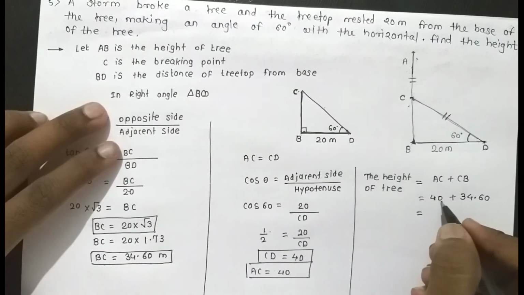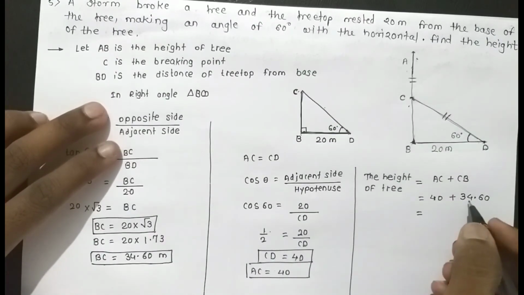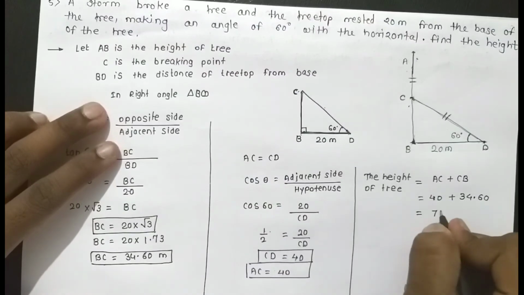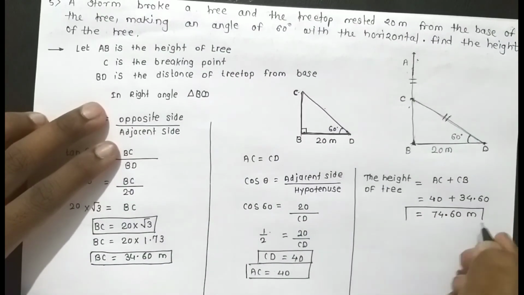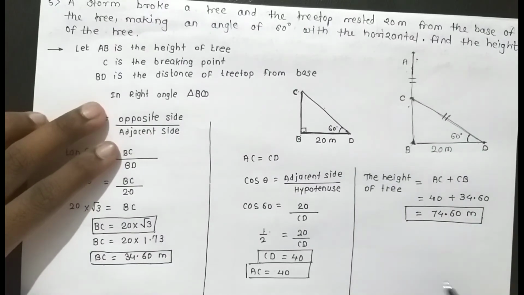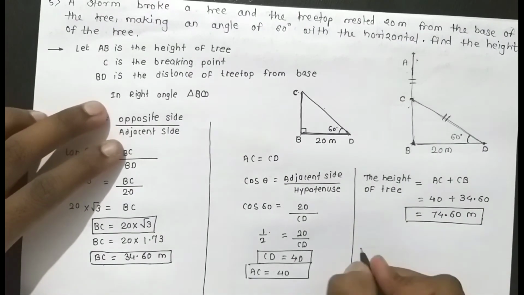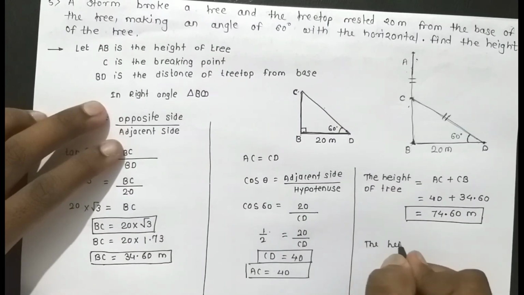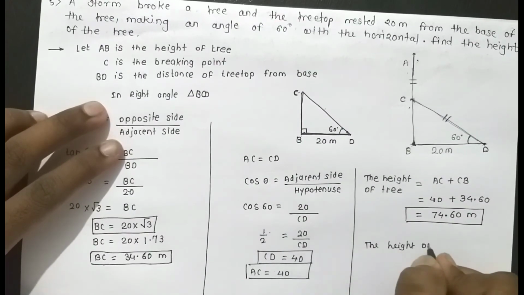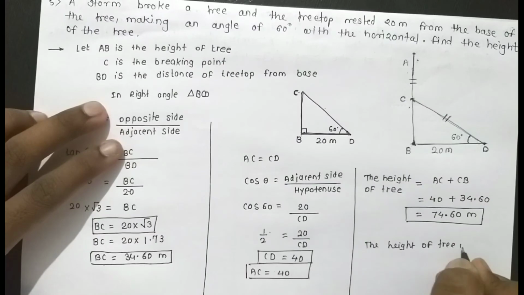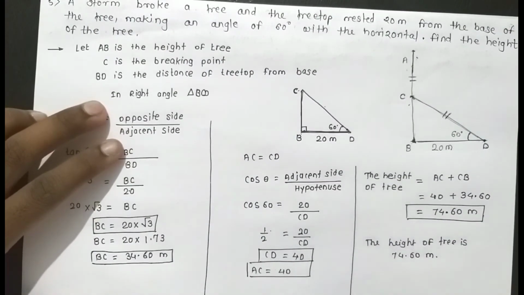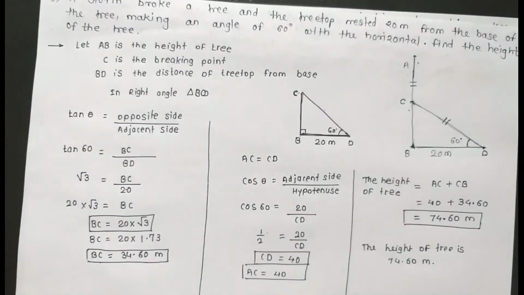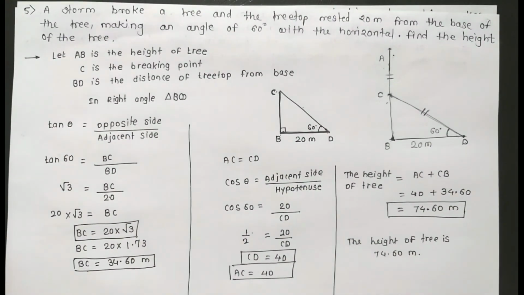As 40 has no any point, so 40 plus 34, 74.60 meter. Write down sentence. The height of the tree is 74.60 meter.